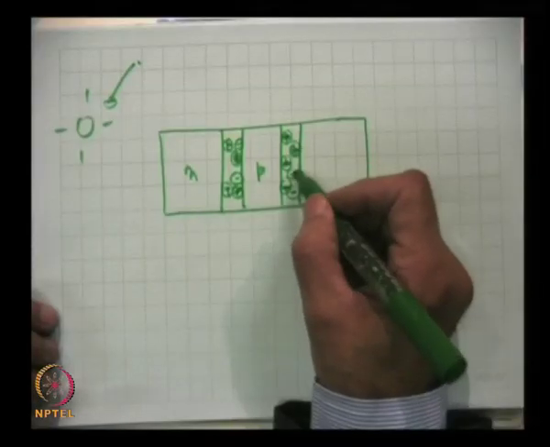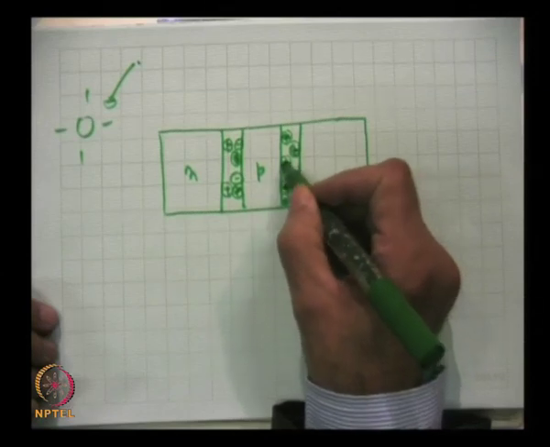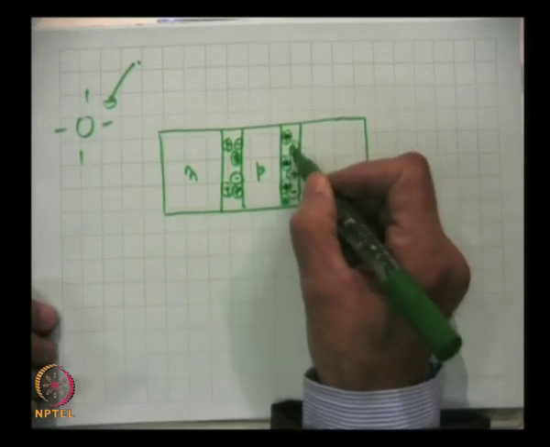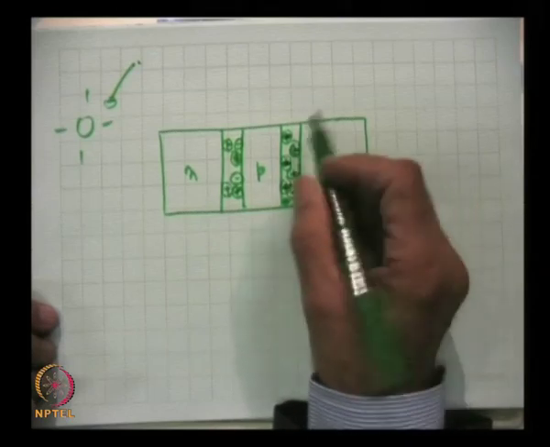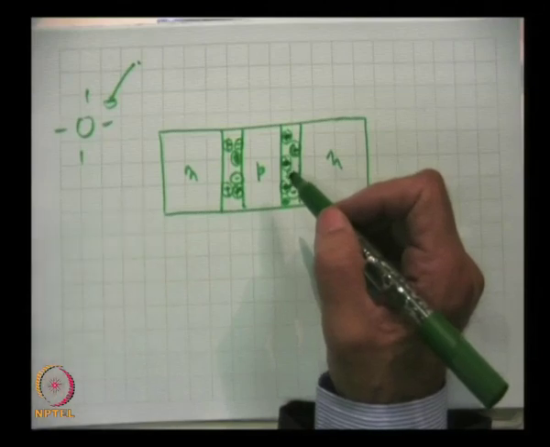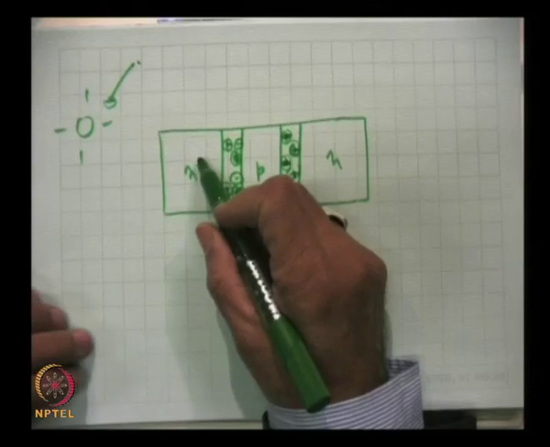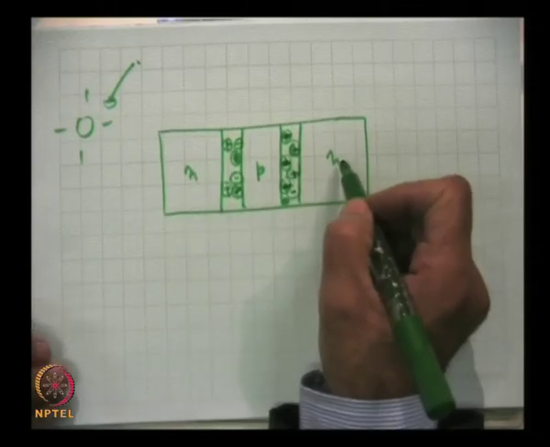So, they are rigid and they do not move, but because they are ions, there is a charge associated with that. The negative ions on the p side and the positive ions on the n side form the electrostatic charge which gives rise to the contact potential, which in the two cases may not be exactly the same, because the doping of this region and this region are different.